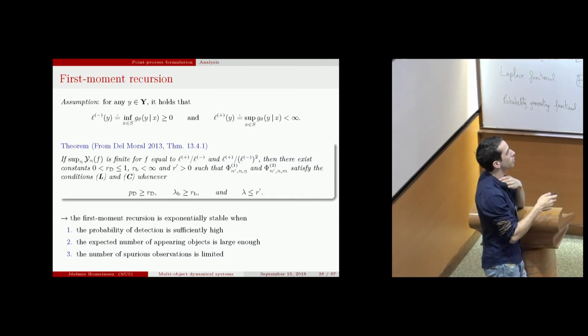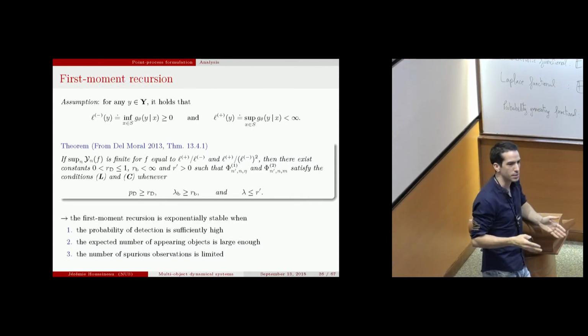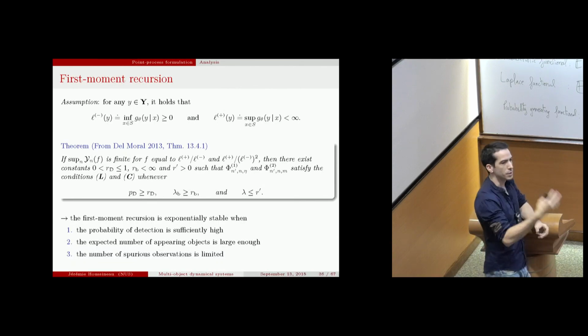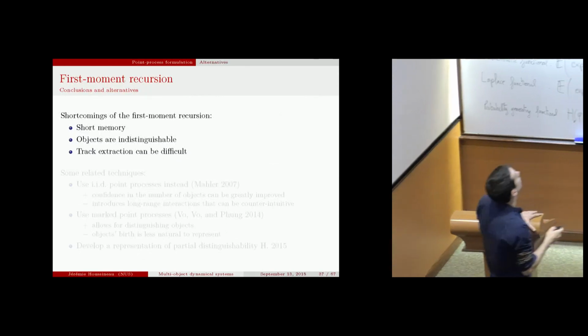If you have no death and no birth, then you're sort of fixed, and if you make a mistake, maybe you won't recover from it. So it needs to be dynamic enough in the number of objects to get the stability. And that's what I'm saying here.